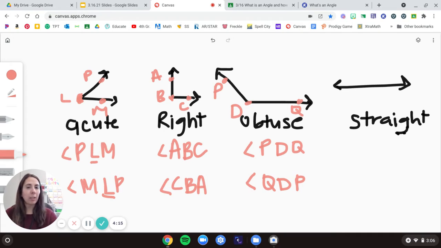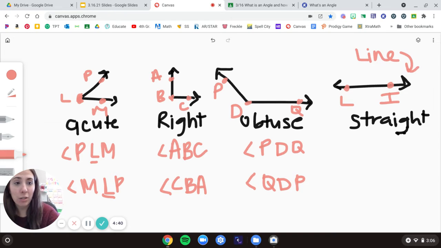Now, straight angles are probably one of the hardest ones because if it has only 2 points, like this, it's not a straight angle. What would we call it when it looks like this? This would be a line, right?